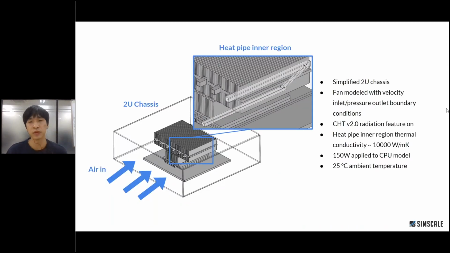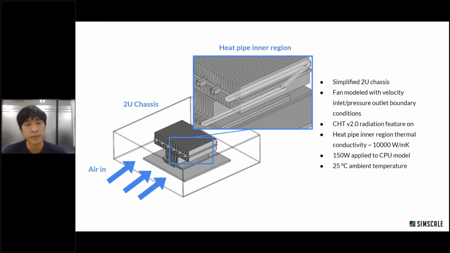So we put our simplified model in a 2U chassis model and modeled the fans with velocity inlet and pressure outlet boundary conditions. We also utilized the radiation feature of conjugate heat transfer analysis version 2 of SimScale simulation.